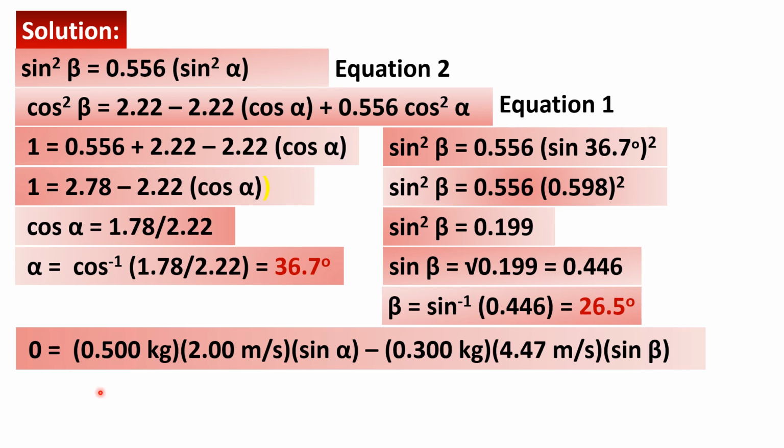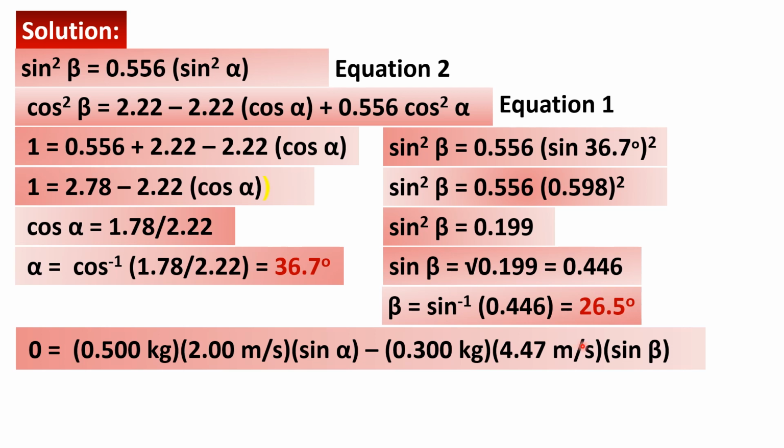Conservation of momentum, which we earlier said that the total momentum before they collided along the y is equal to 0. All right, this is along the y, and then that total momentum before collision must be equal to the total momentum after collision as far as the y component is concerned.